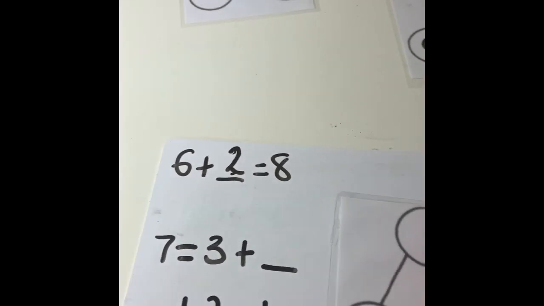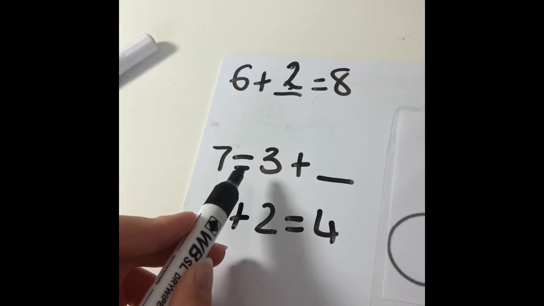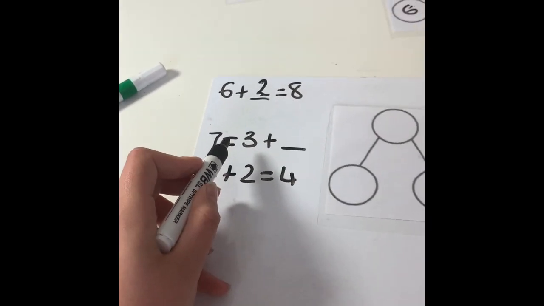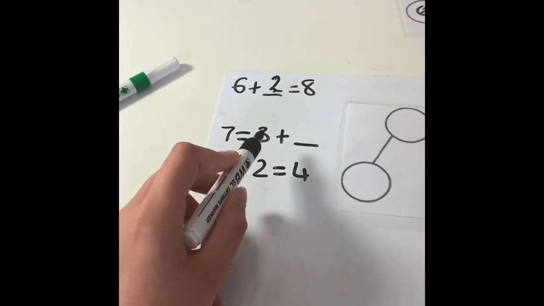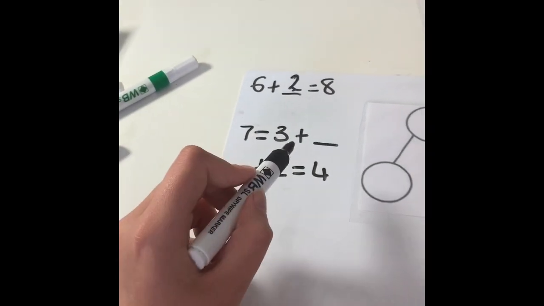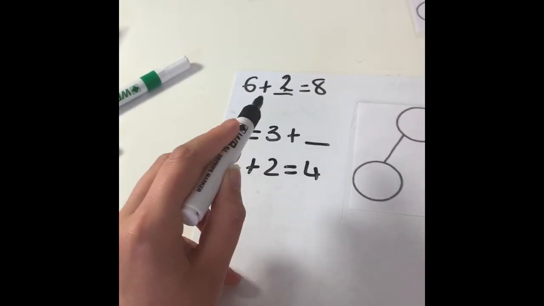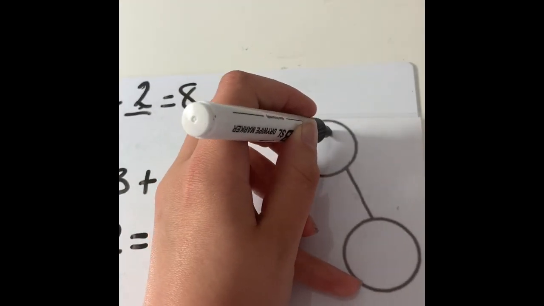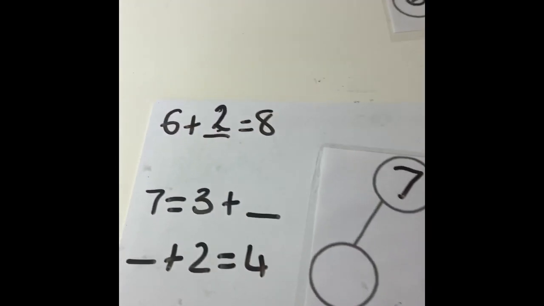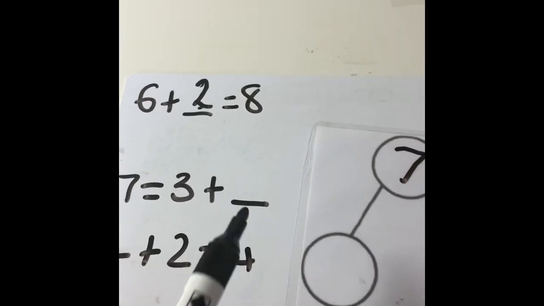Okay, now let's do another one. Oh, look again. Your equal sign is there. So remember, keep a beady eye out because they like to trick you out with that. 7 equals 3 add something. Again, to make addition, we know that it's part add part equals whole. So I already know that 7 is my whole. 3 add equals 7.